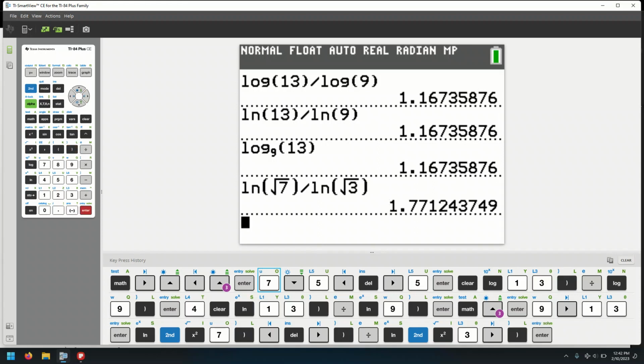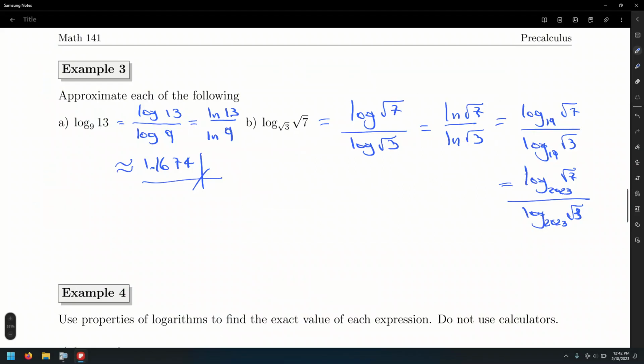So that's 1.7712. Well, we're going to keep it at 12 because the next digit is a 4, and it's not good enough to round up that 2 to 3. 1.7712.